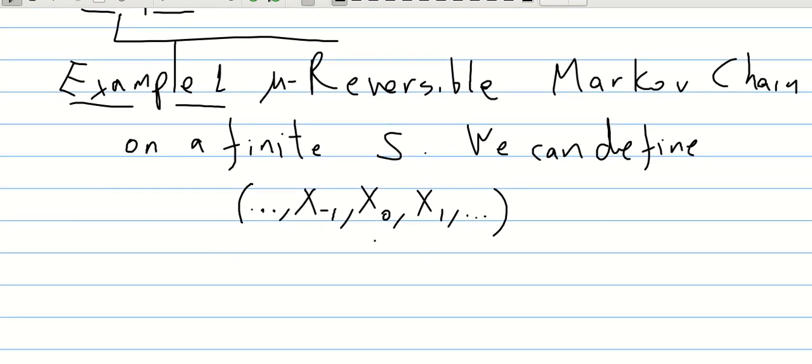You just pick x0 according to mu, and you let the process evolve to the right and to the left independently, and this is going to be a Markov chain on Z on doubly infinite trajectories, and this will be stationary with respect to the shifts.